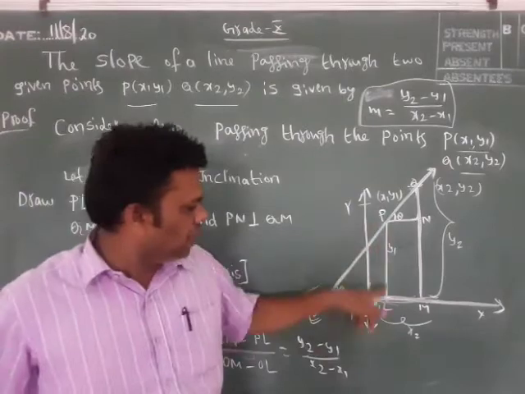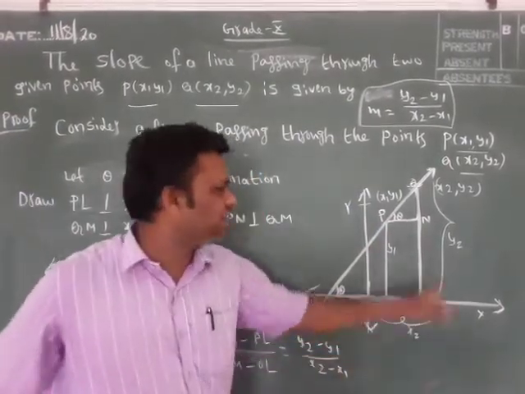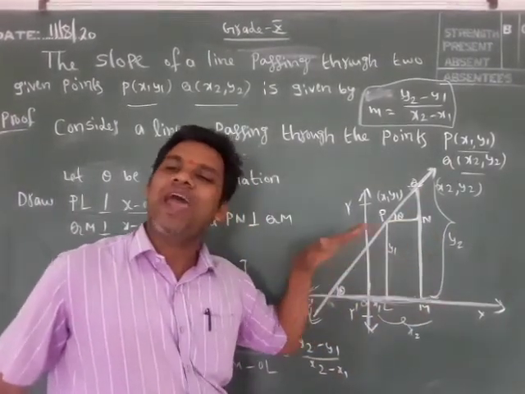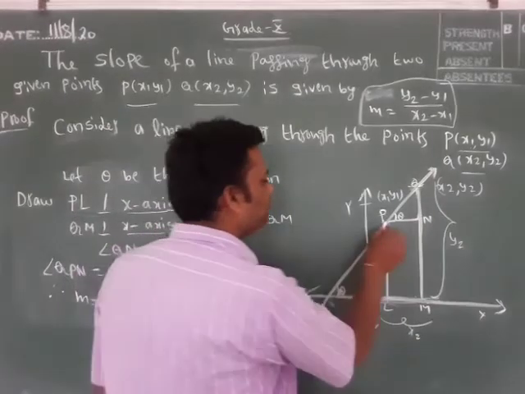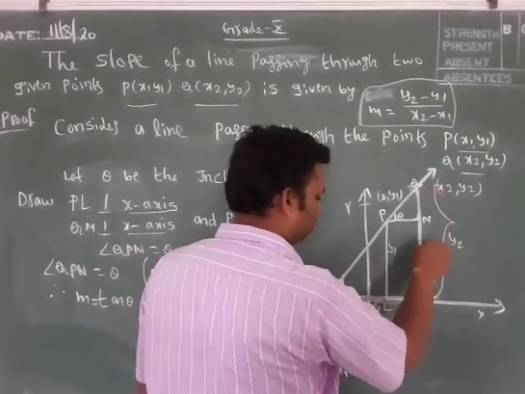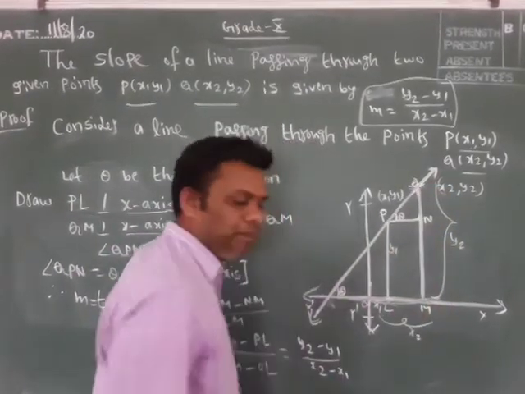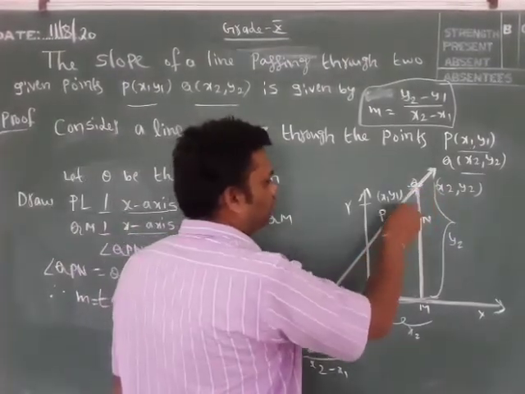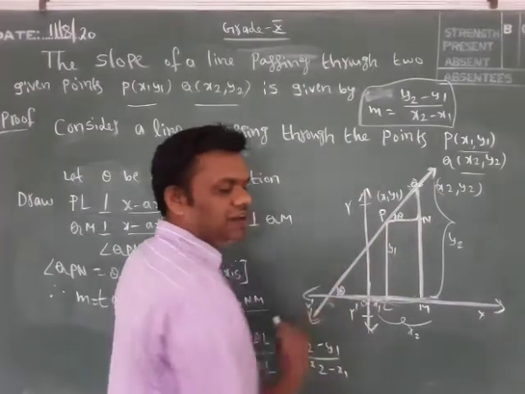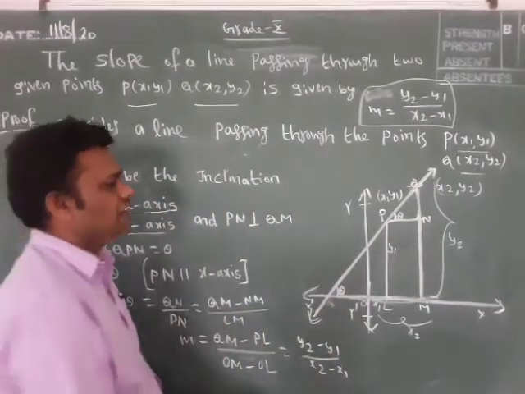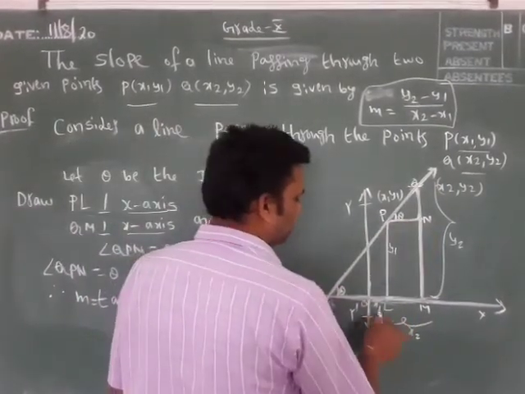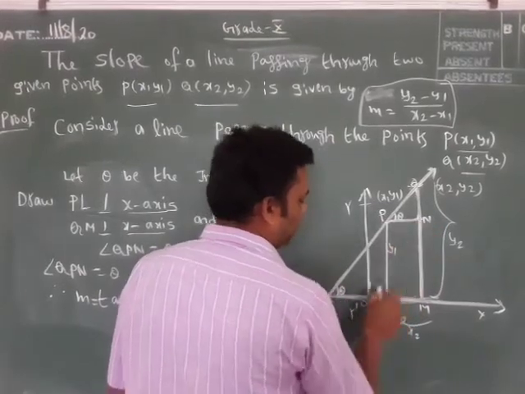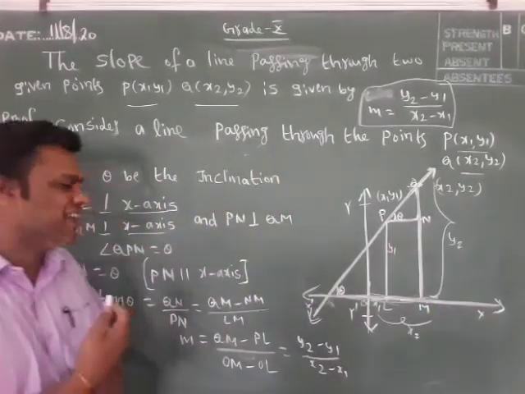I draw PL and QM perpendicular to the x-axis and PN perpendicular to QM, and angle QPN is theta because PN is parallel to the x-axis.